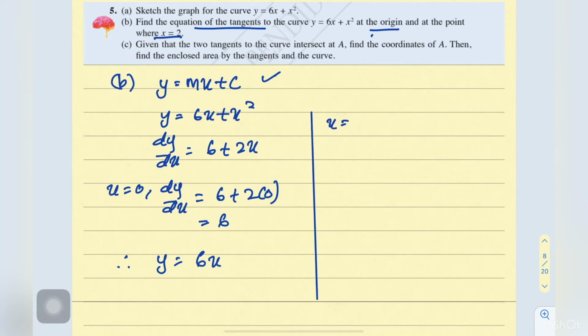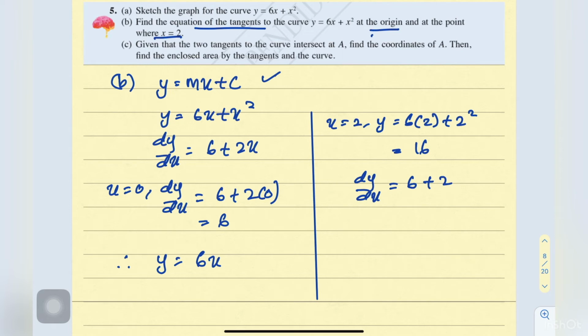When x equals 2, you must find y first. y equals 6 times 2 plus 2 squared, which equals 16. The gradient dy/dx equals 6 plus 2x, x is 2, so equals 10.